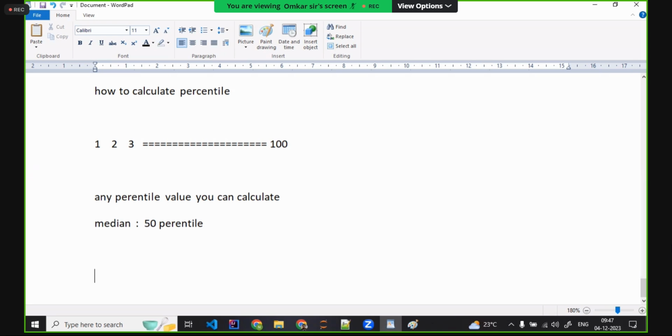Say it again: out of the total data, 50% of observations have a value less than the median. You will say this in interviews. That is the percentile. Very, very important.